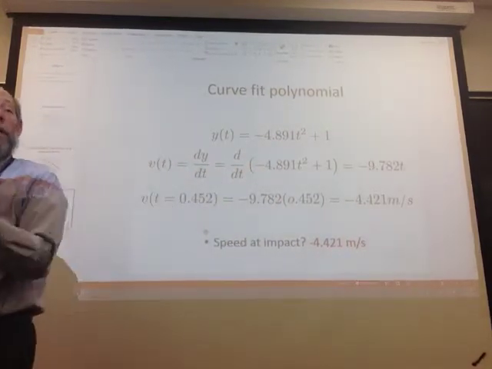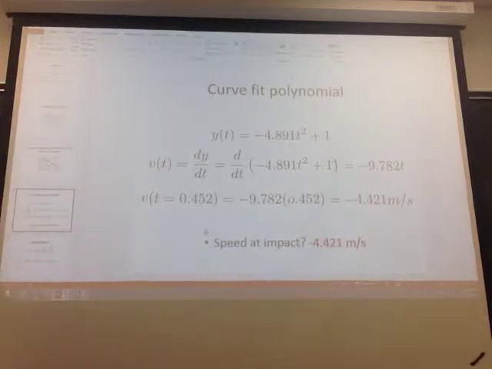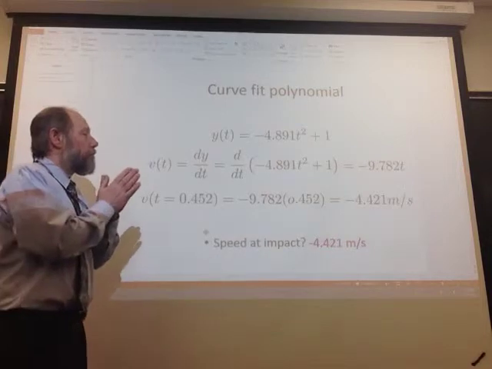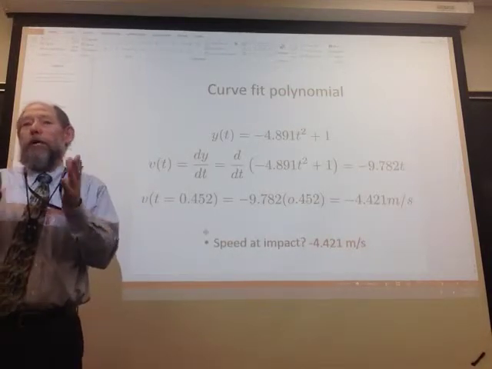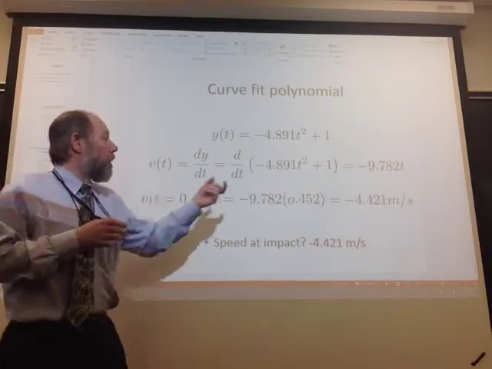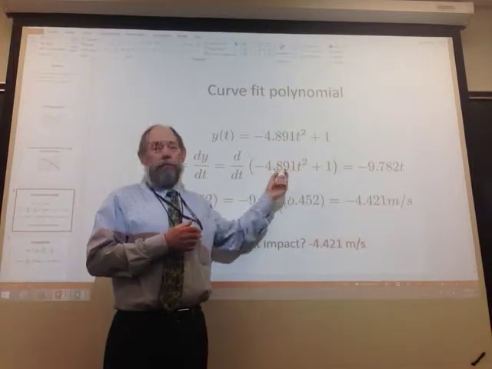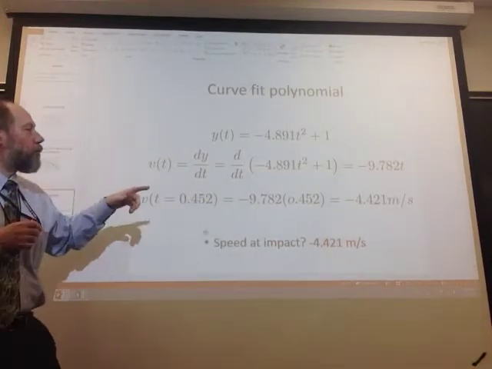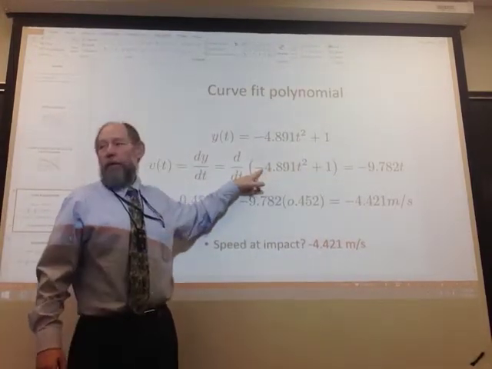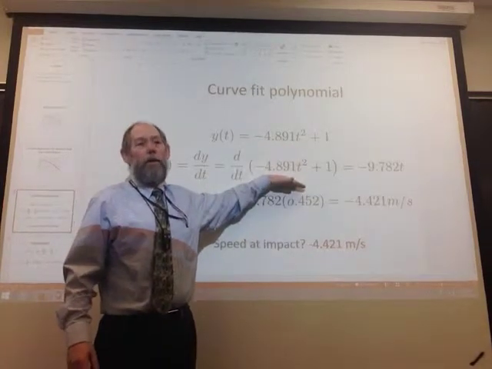Now this is where you really need to go to your textbook or another source and find out what the rules for taking derivatives are. When you have an exponent, the rule is to multiply by the exponent and then reduce the exponent by 1.